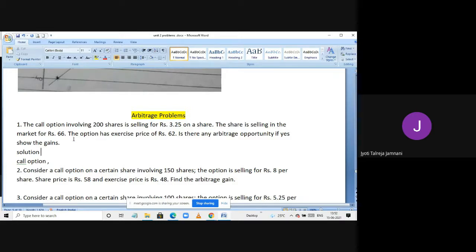Number of shares in the option is 200. It is selling for rupees 3.25 on a share, which means this is the premium. If you want to buy the call option, you will have to pay 3 rupees 25 paise premium to the writer. This is not the share price. This is the option price, that means the option premium.